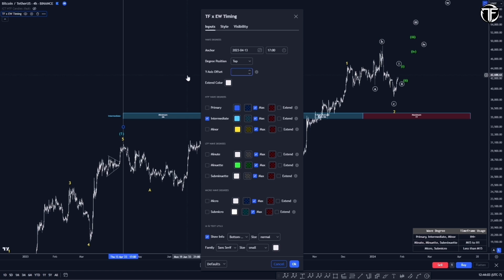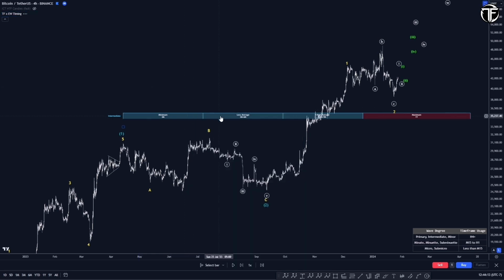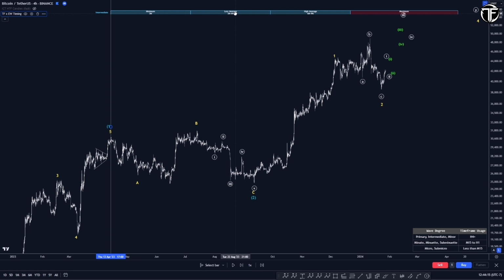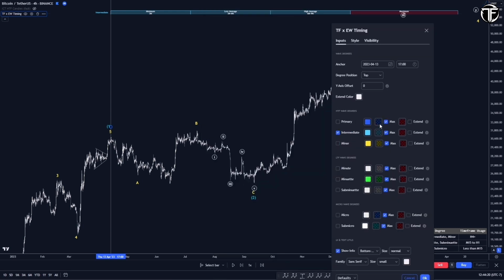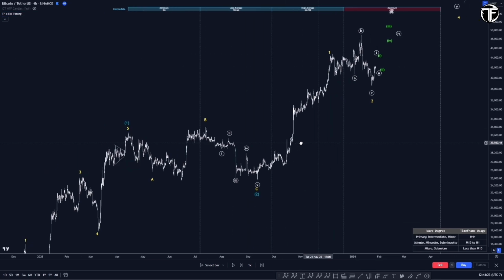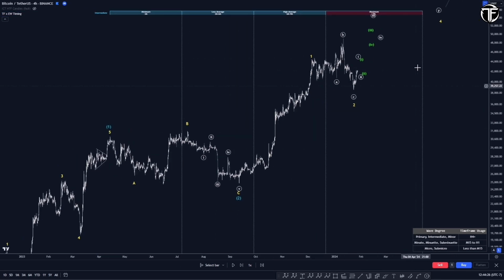Or if it's NASDAQ, you're only going to use a few hundred or like 500, because on average, that's the amount that it moves. So it's all relative to the asset that you're observing, but you can pretty much customize it as you want. If you're observing that specific degree, you can also extend the lines, something like this, just to help you section it out and be aware of the next zone.